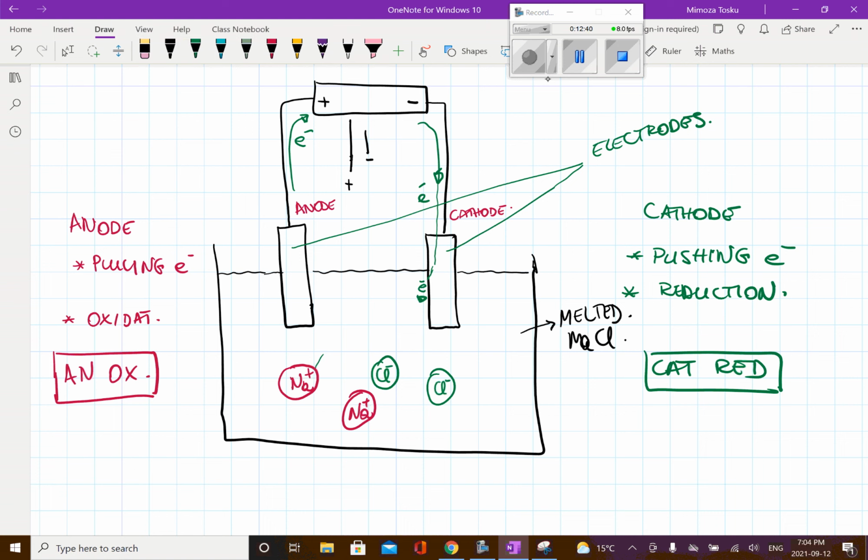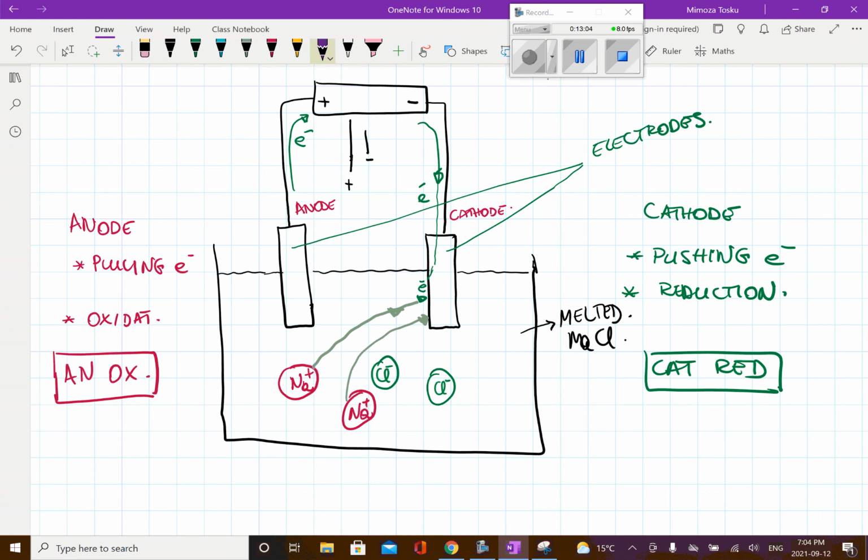So this negative charge will be attracted to the positive charge, so the sodium ion will go toward the cathode. Same thing will happen with this other one here.